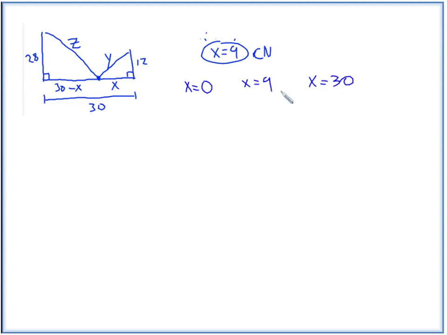Instead of doing our first derivative test, we could actually just see what our value is here, here, and here. And since that is the only critical number on the interval, we know the minimum value has to happen either here, here, or here. And so what we're going to do is test what our wire length is at each x value.